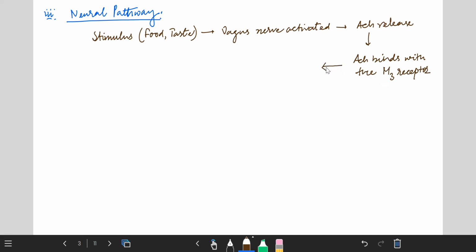So if no stimulus is produced due to food, taste, thoughts, this kind of thing, obviously the vagus nerve will not be activated.